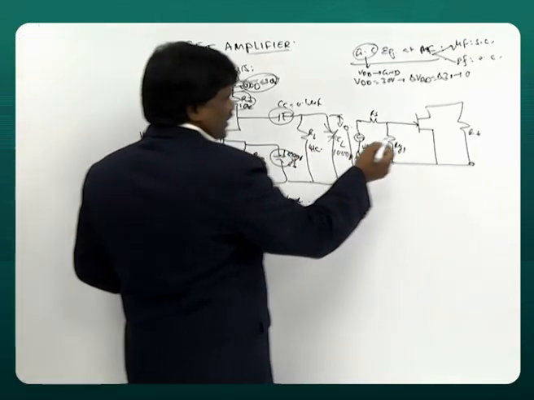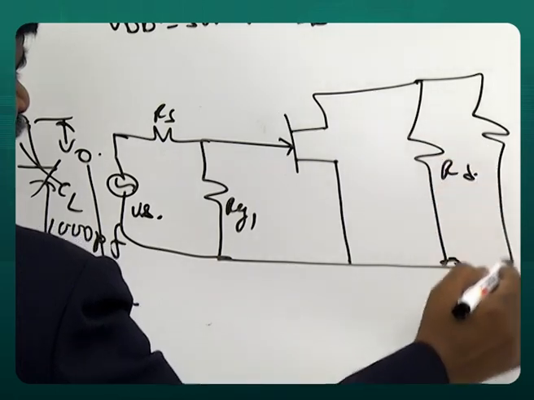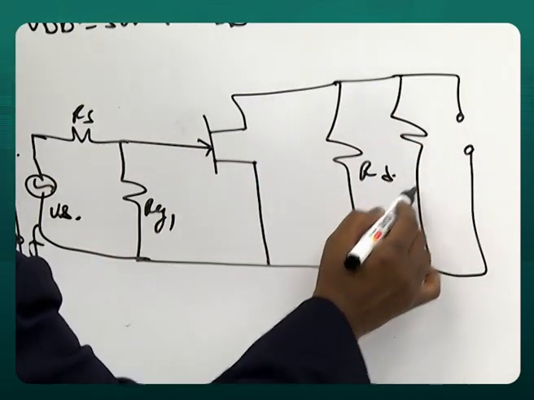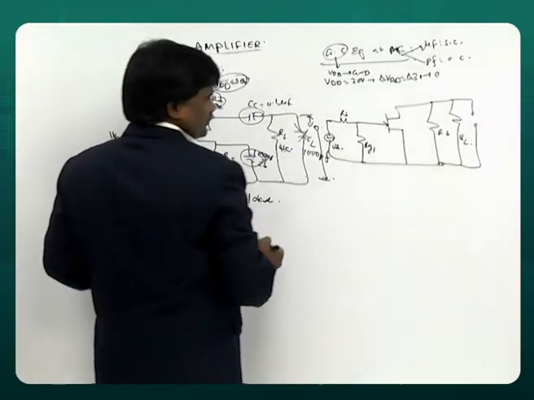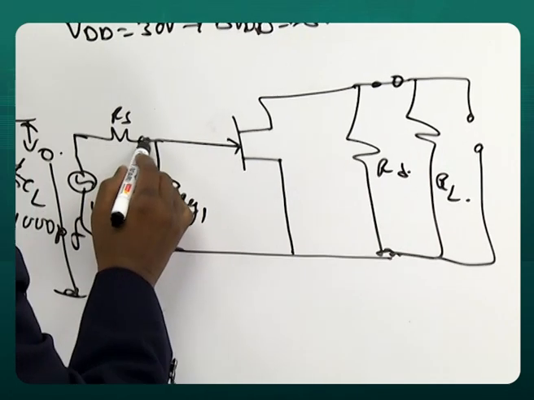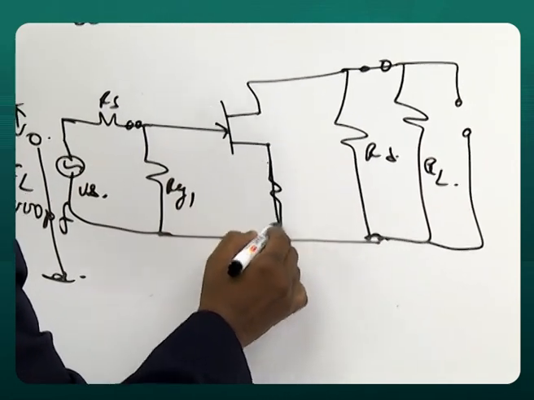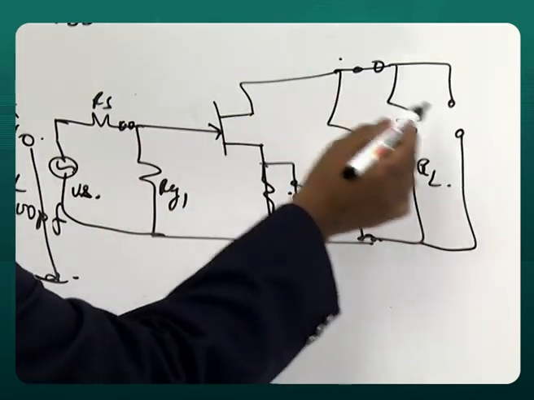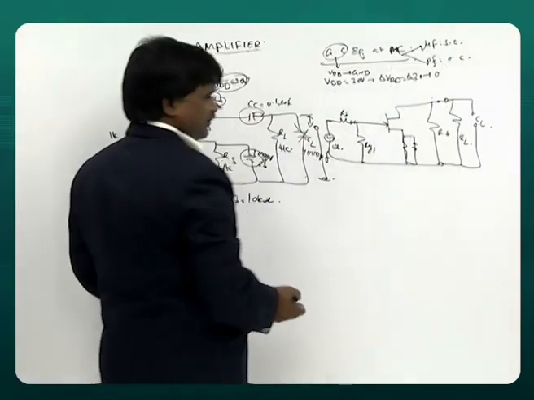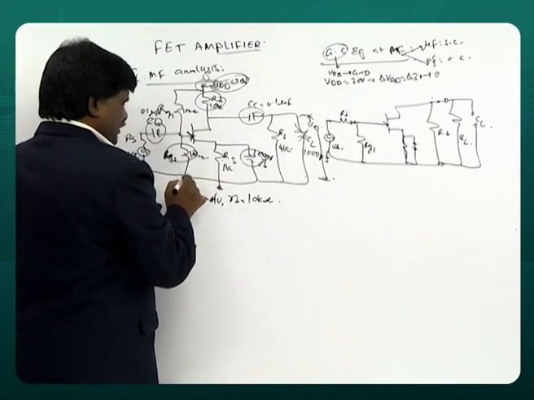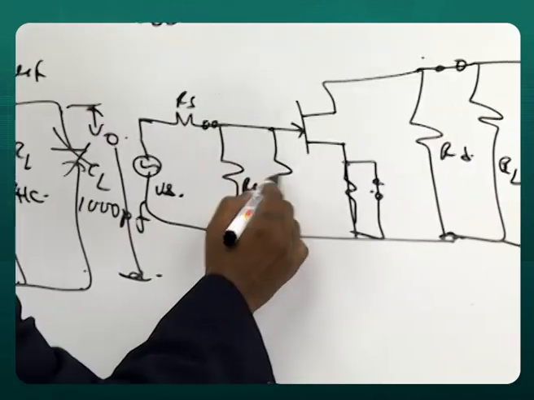Then this RL is there as it is. And CL, of course, open circuit. So there is a capacitor that got shorted here, a capacitor that got shorted here, a capacitor that got shorted there. So microfarad shorted, pico open. And another resistor, don't forget, it's already there. RG2 is already there.